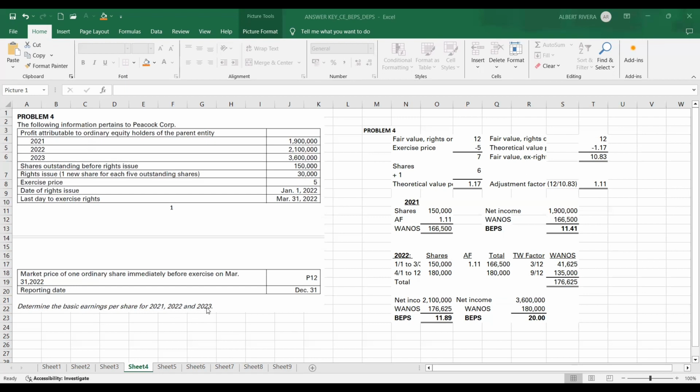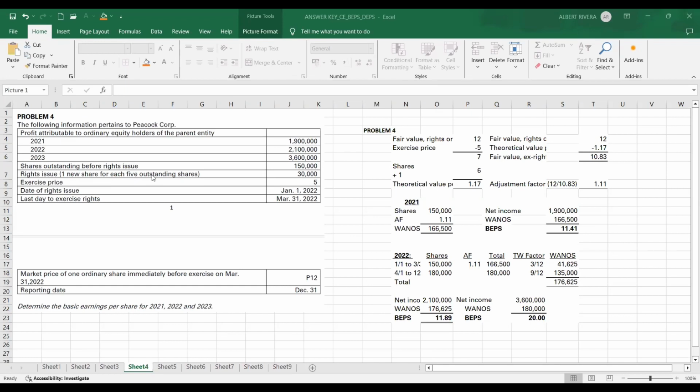Hanggang 2022 lang. Okay, so here, the number of shares before the right is issued. So before the right is issued, meaning that is rights on. Kasi pag after the rights has been issued, that is already X rights. And this is the right issue, 1 share for each 5 shares outstanding. So the number of rights to purchase one share is 5.